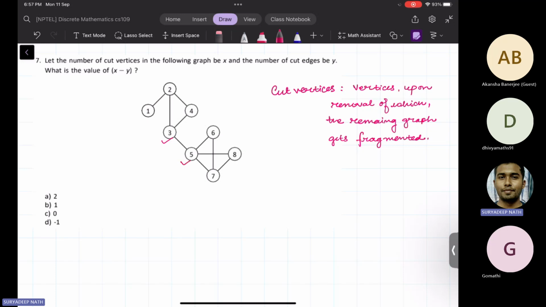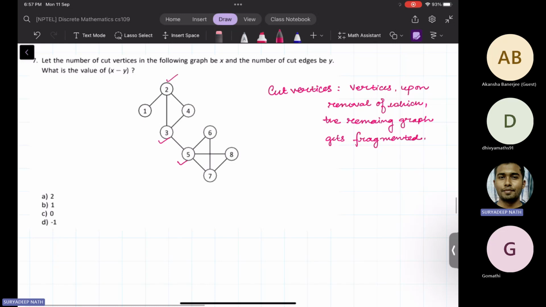And if you remove 5, there is no connection between 1, 2, 3, 4 and 6, 7, 8. So they are right. But if you remove 2 also, you see that 1 gets fragmented out from the rest of the graph. So 2 is also a cut vertex. So the number of cut vertices is 3. X equals 3.